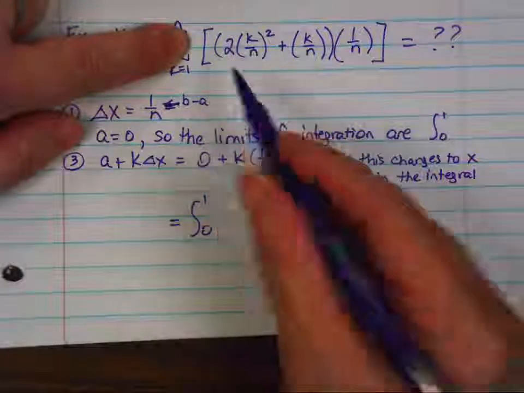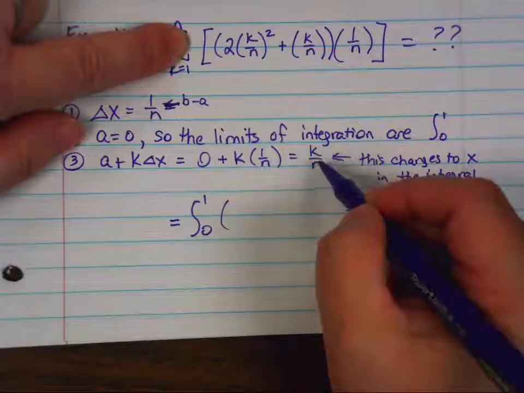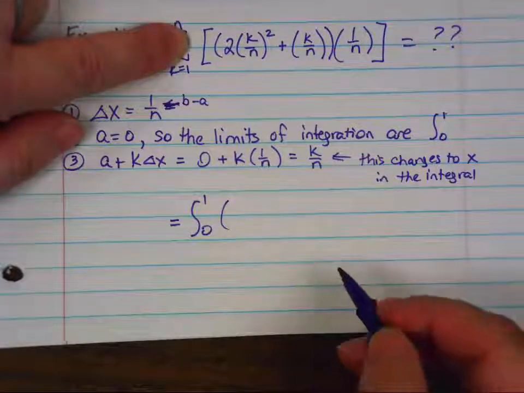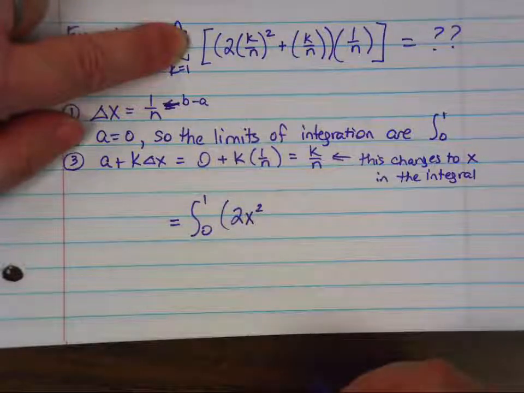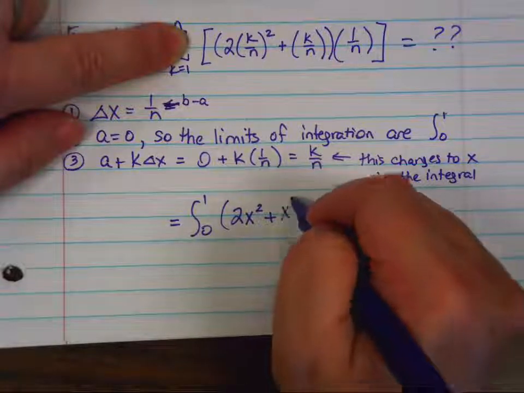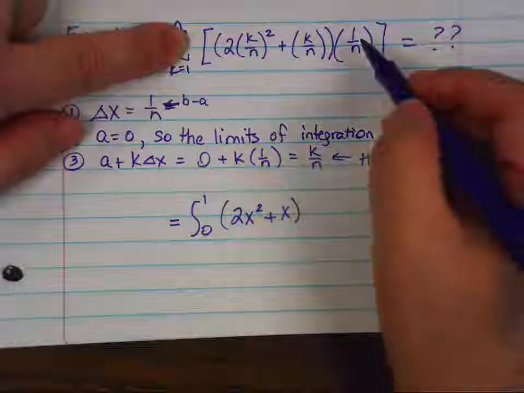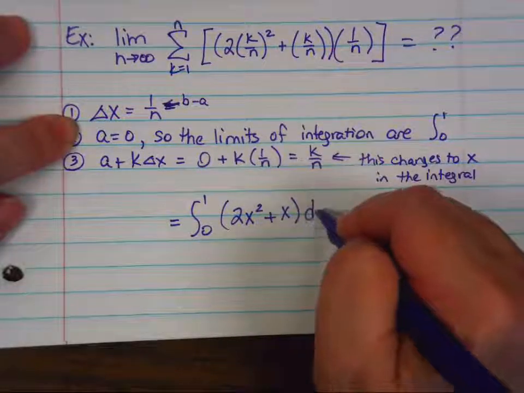You don't need the brackets. You just need the parentheses. Everywhere you see a k over n turns into an x. So it's going to say 2x squared plus what? x. Close your parentheses. Now, 1 over n is delta x, and delta x turns into dx, and we're done.